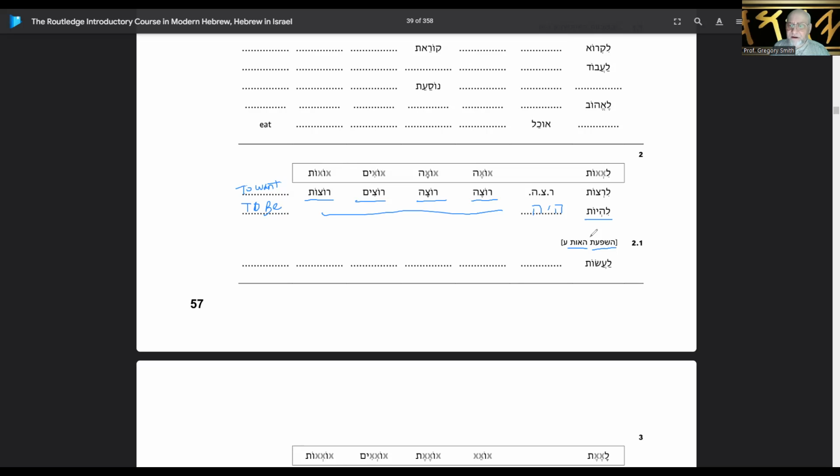Okay, the effect of the signal aleph. Hashpa'at ha'ot. And it has to do, it looks like, with the aleph pattern, or I mean the ayin rather. That's not an aleph, that's an ayin. So the effect of the signal ayin, it's like a signal letter.